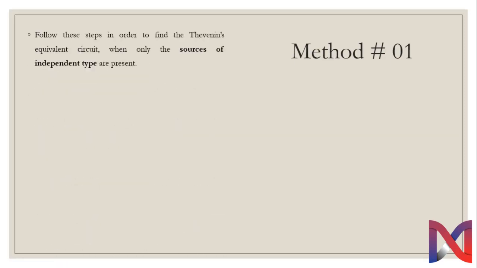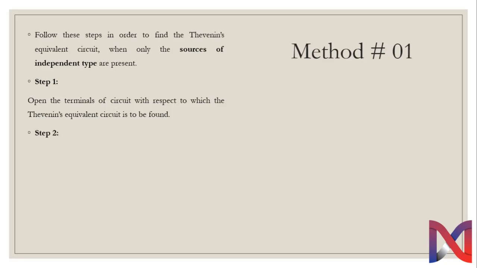There is a specific method to follow in order to solve a circuit with the help of Thevenin's theorem. You are required to follow these steps in order to find Thevenin's equivalent circuit when only sources of independent type are present. Step 1 is to open the terminals of the circuit with respect to which the Thevenin's equivalent circuit is to be found. Step 2 is to find the Thevenin's voltage VTH across the open terminals of the circuit.